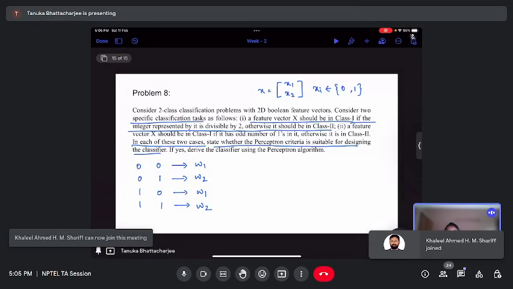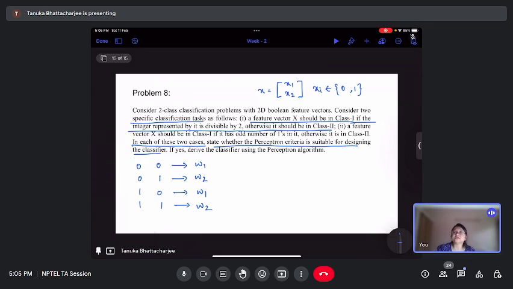So what we have to check is whether these classes are linearly separable or not. In this case we can simply plot this and check.